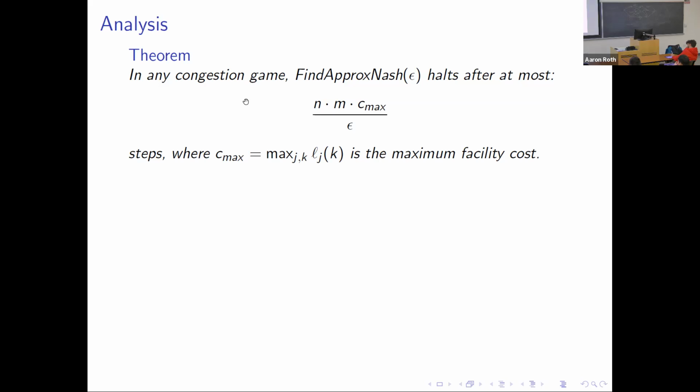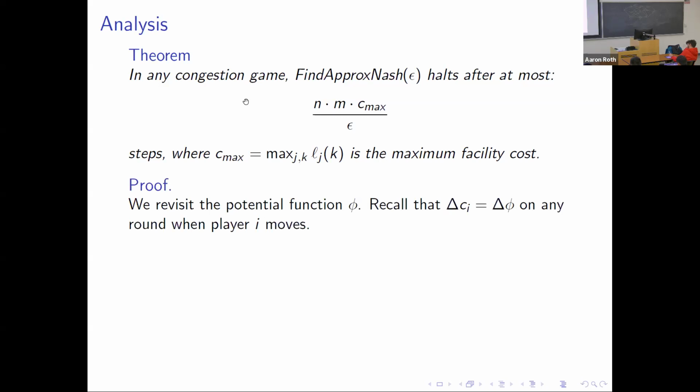Okay, so the claim is that in any congestion game, best response dynamics will halt at an epsilon approximate Nash equilibrium after only n times m times C max over epsilon many steps. And the proof is almost exactly the same as our analysis of the exact version.